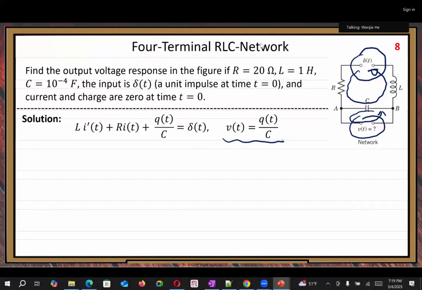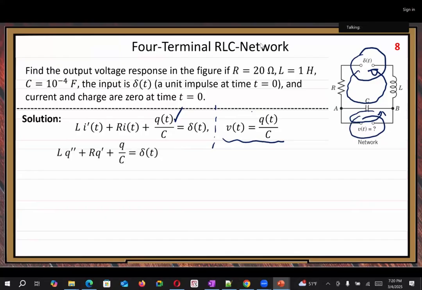Each circle you can apply the Kirchhoff voltage theorem, so you apply it twice, since you have two circles. Then by solving the first equation, we can find the little q of t. Then we plug it into the second one, and we get the v of t function.